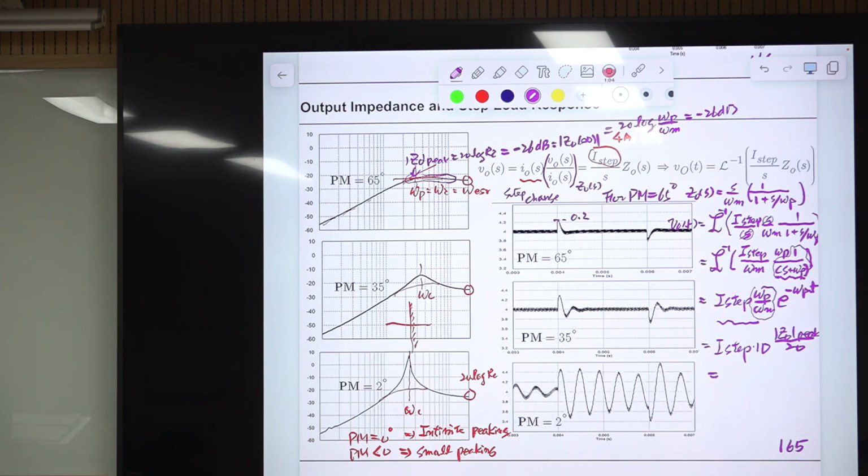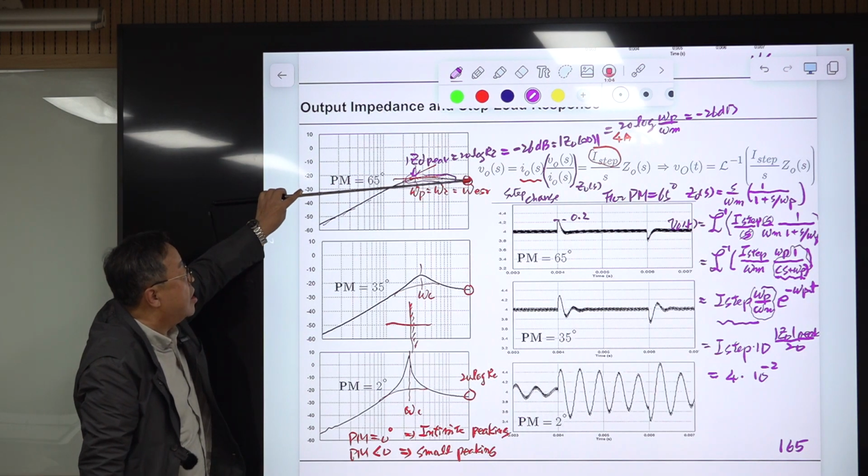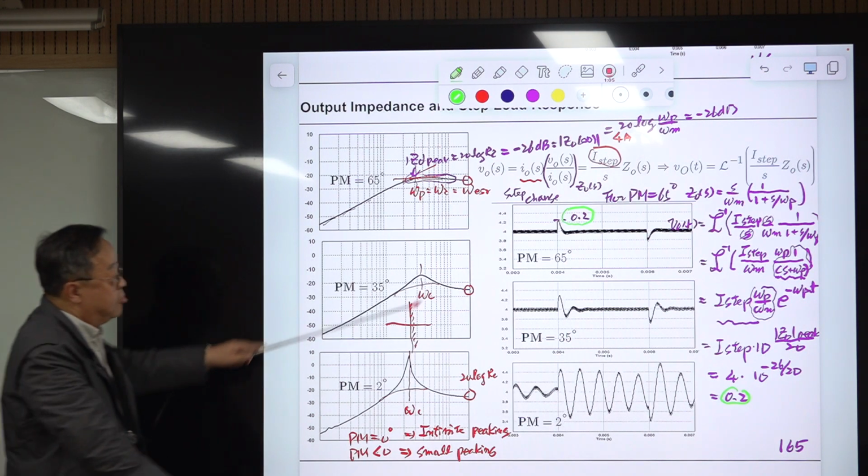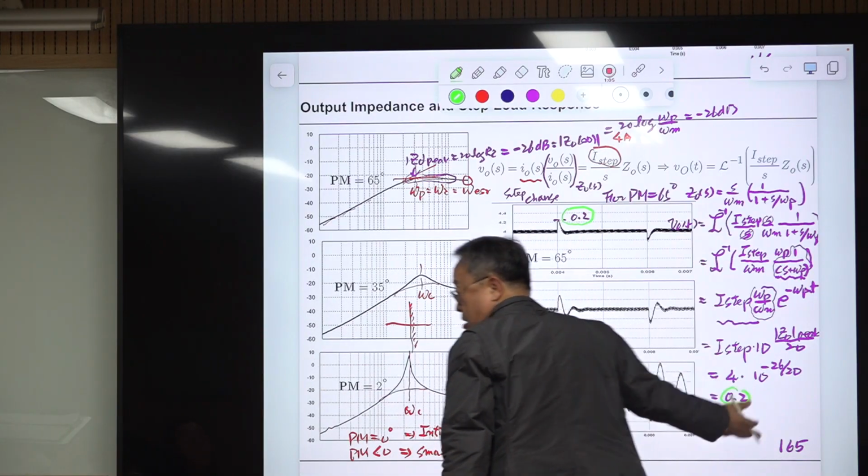I step is 4 times this peak value, which is minus 26 dB divided by 20, because we are using 20 log of something. This one is 0.2. Okay, so we have an exact match for this case. This is 0.2, this is 0.2 in the middle of this. So this approximation is excellent. All right.